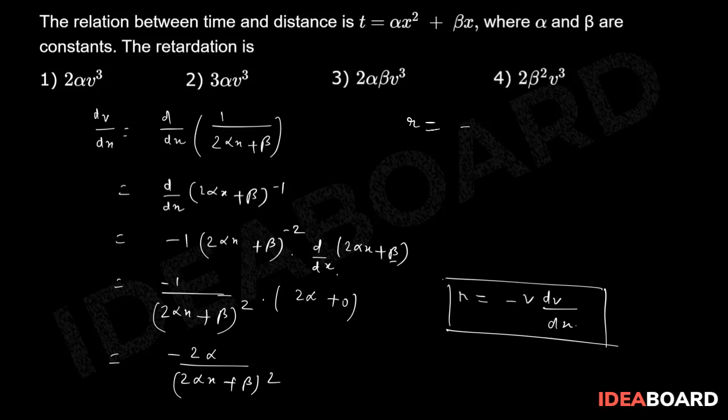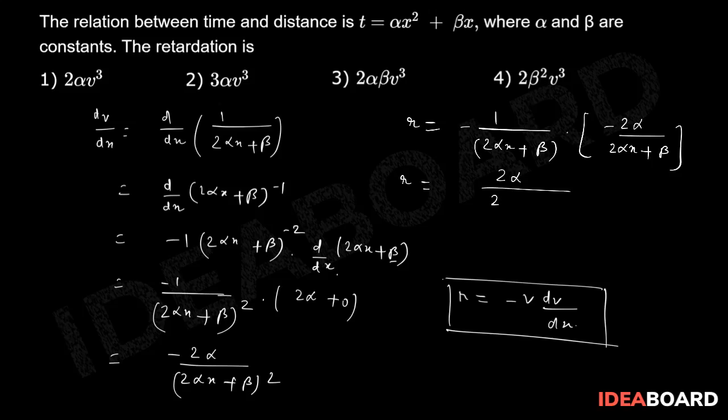The value of v was 1 upon 2 alpha x plus beta, into dv upon dx, which is minus 2 alpha upon 2 alpha x plus beta whole square. Correct? So we achieve here the value of r is equal to, this minus minus will become plus, 2 alpha upon 2 alpha x plus beta cube.